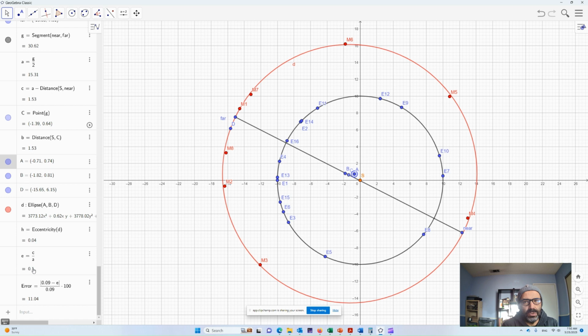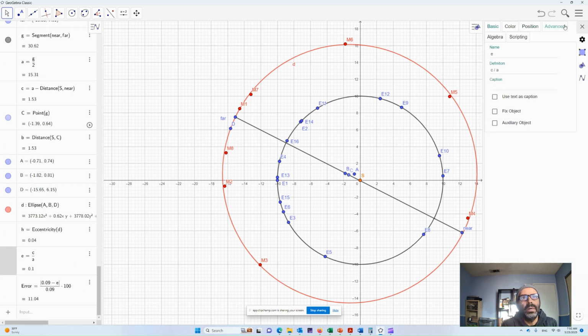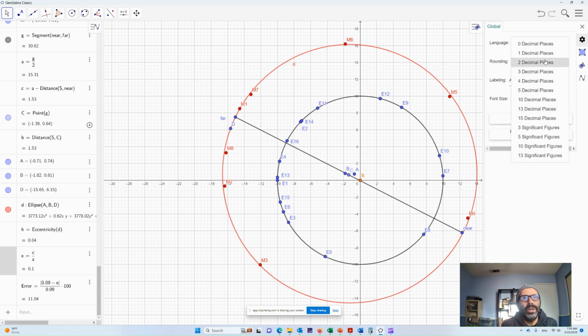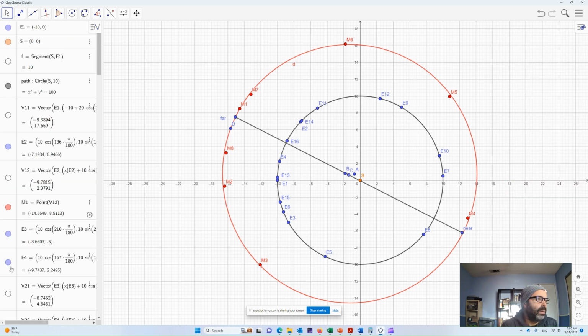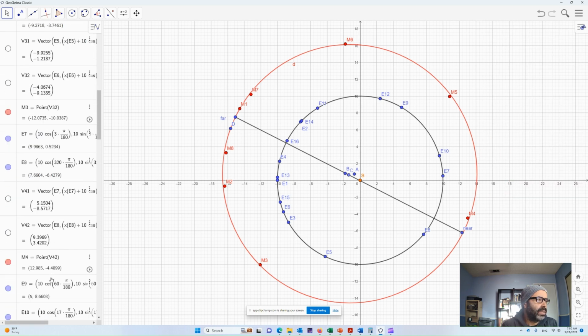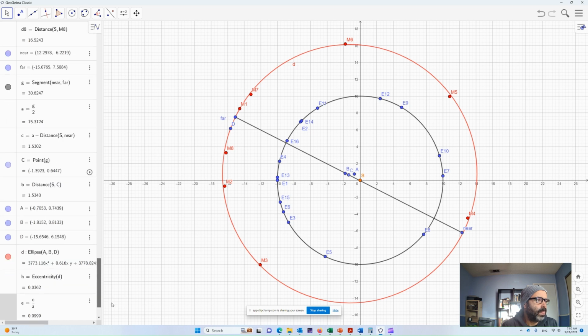In this case, it looks like it's 0.1, but GeoGebra has a precision setting that I probably need to go into the settings and change to 4 decimal places, and you can clearly see it's not exactly 0.1, but a value much higher than 0.01.